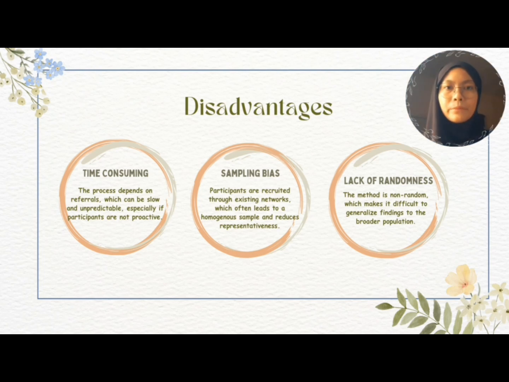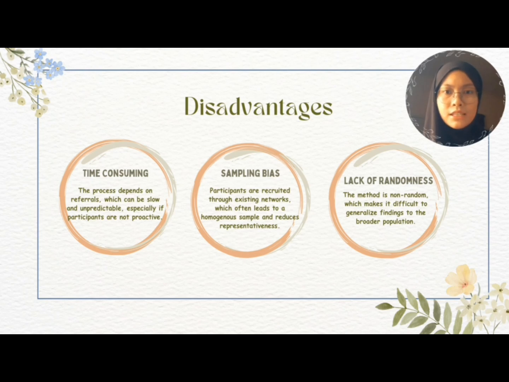Next, sampling bias. Participants are recruited through existing networks, which often leads to a homogeneous sample and reduced representativeness. Imagine asking someone to recommend a friend to join your study. That friend will likely be similar in background, lifestyle, and beliefs, because people tend to know others who are like them.